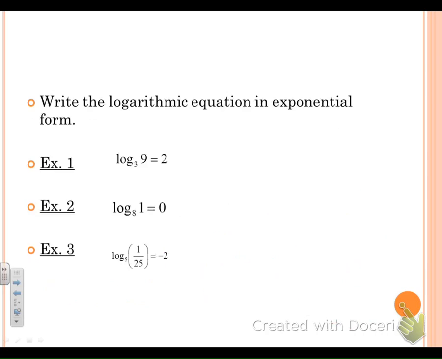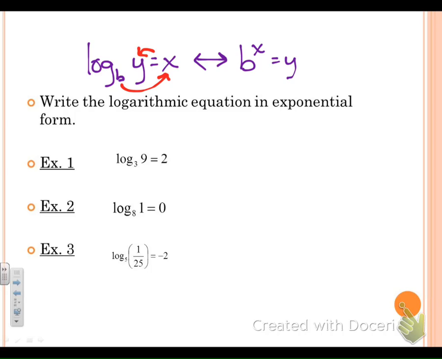On to the first example. So log base 3 of 9 is 2. We're going to write it in exponential form. Just to practice, log base b of y equals x can be written as, and I'm going to put double arrows because it can go back and forth, the circular motion, base b to the x equals y.